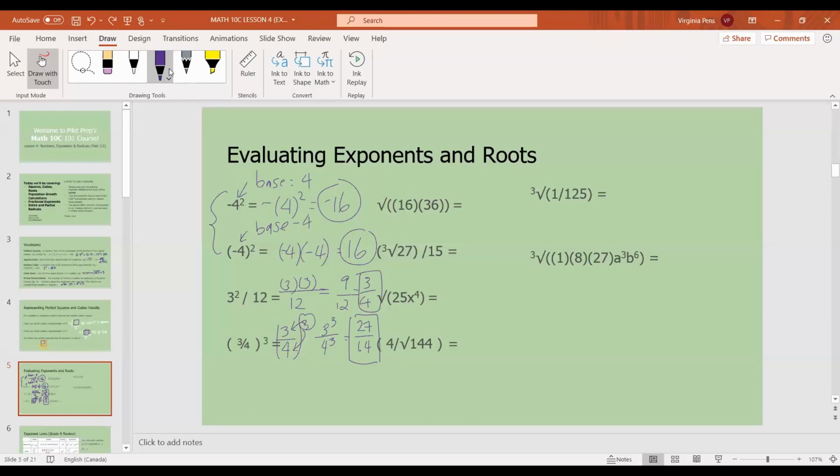So let's work through this step by step. First, let's condense the number under the square root, which is 16 times 36. In your calculator, you can just type in 16 times 36, or you can do it in your head if you're really good at mental math. So this would be the square root of 576.